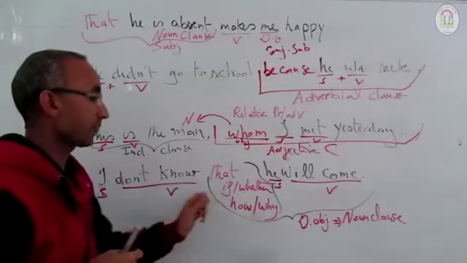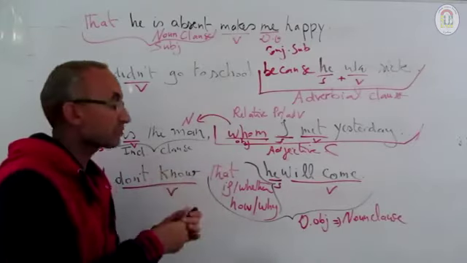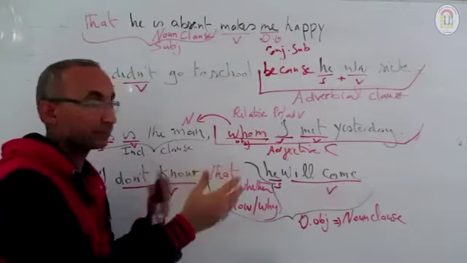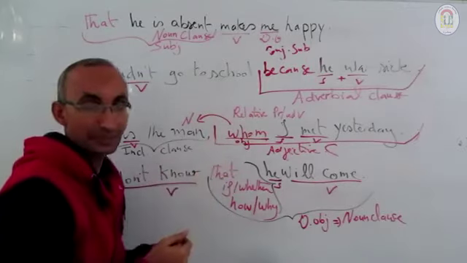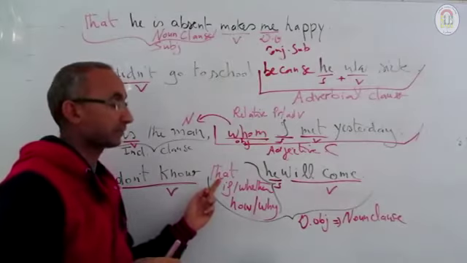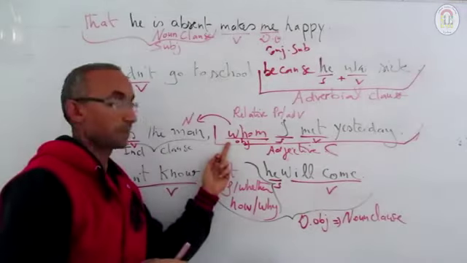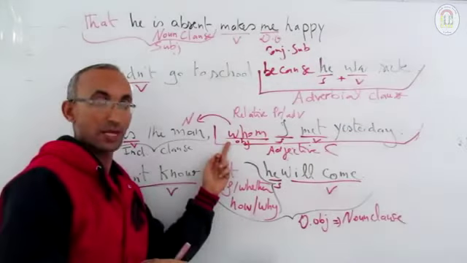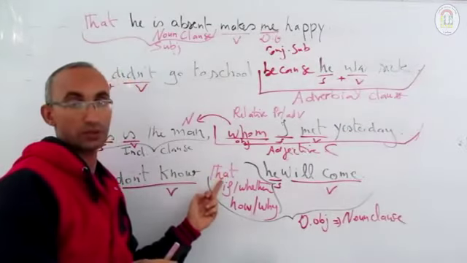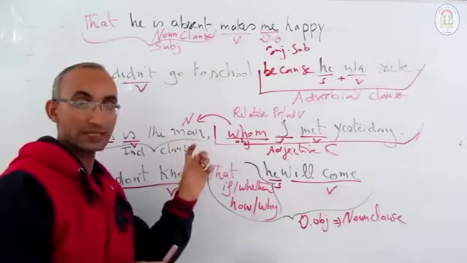Here also, concerning some confusing elements which may exist as a marker for different types of dependent clauses. For example, I have here that. That can be either what? A relative pronoun and also a marker of the noun clause. Now what makes the difference here is simply what?